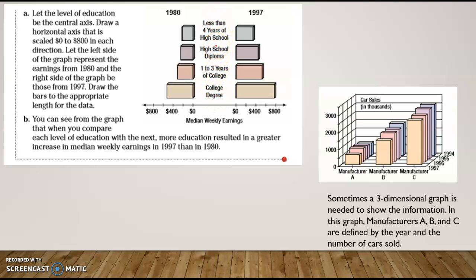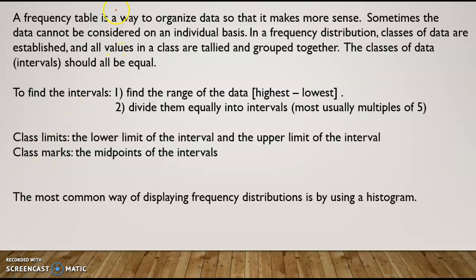There's an example of a 3-dimensional graph as well, showing the differences over time. So you really just have to look and see what the graph is describing. But neither one of these is used very often in the settings we'll be using them.